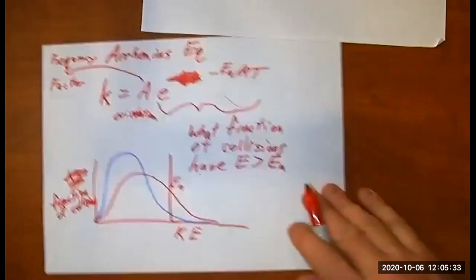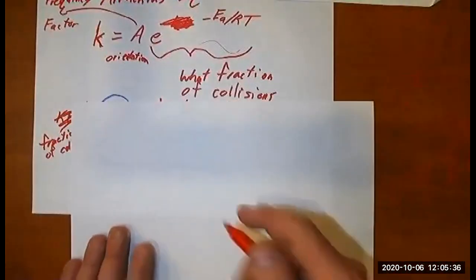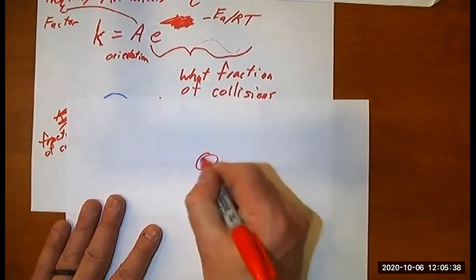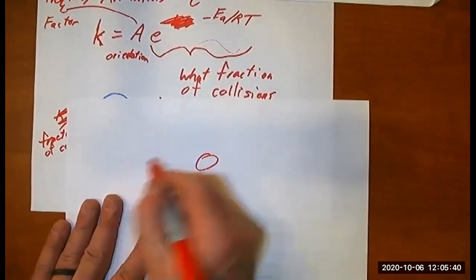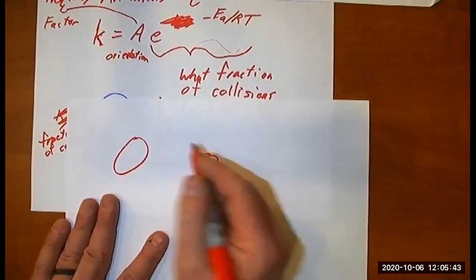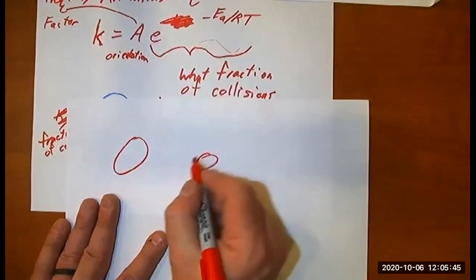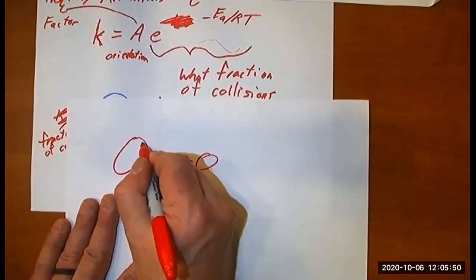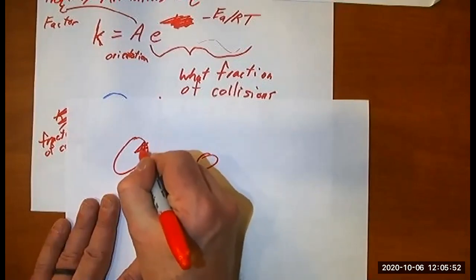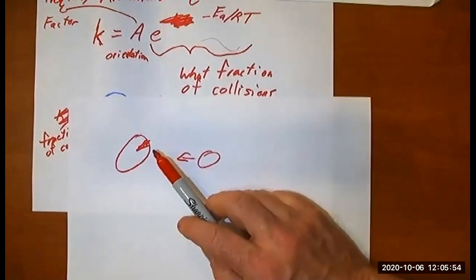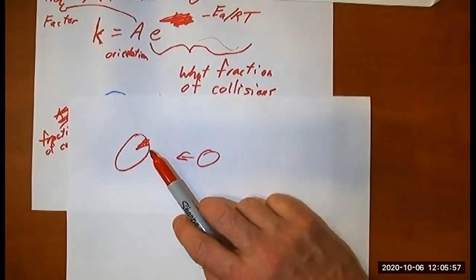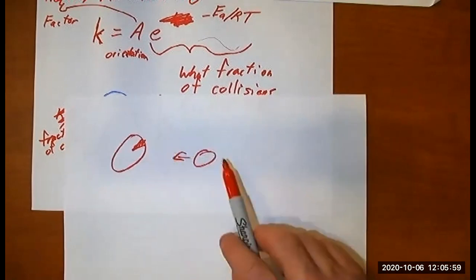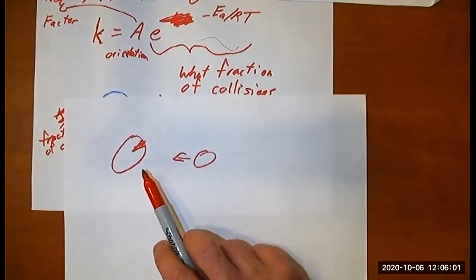And the idea is, suppose you have some kind of reaction with some molecule, and I'm just going to draw the molecules here as blobs. They come together and collide, but suppose that only one portion of the molecule is the active region, the place where the collision has to happen in order for the reaction to successfully proceed on to products.